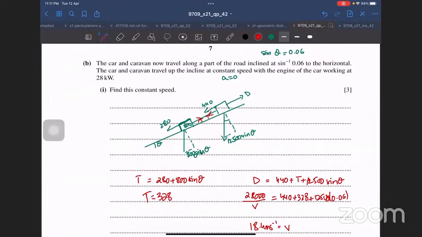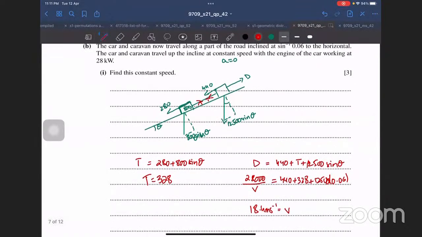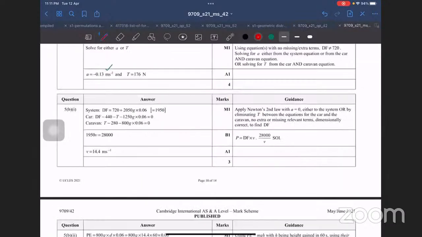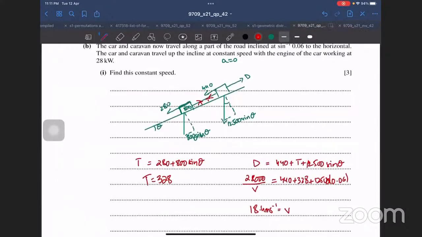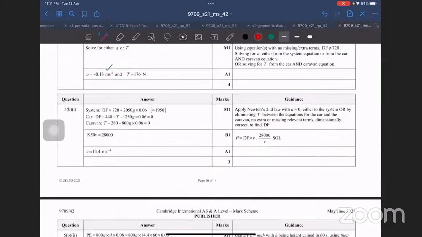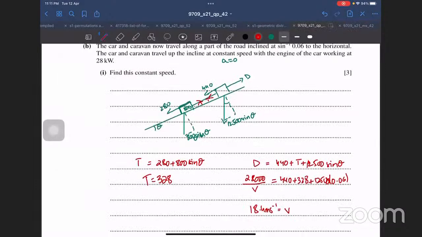This is 15.4. Let me check my calculations again. I think I made a mistake here.